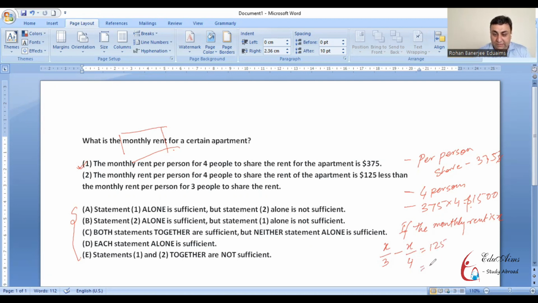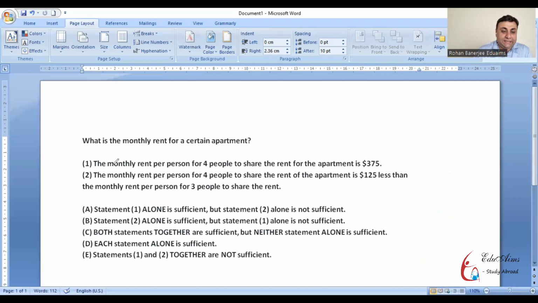So that means x/3 minus x/4 equals 125, which gives 4x minus 3x equals 1500, so x equals 1500. So statement 2 alone is sufficient to take you to the answer.